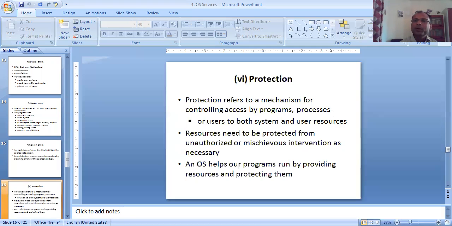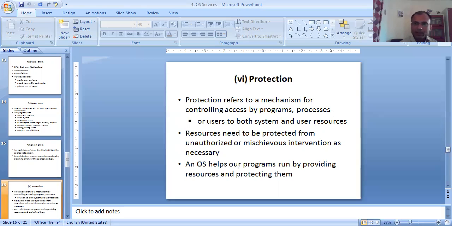We will be talking about that later on when we discuss the resources in detail. The different resources used by different programs, or by the same program, need to be protected from unauthorized intervention.